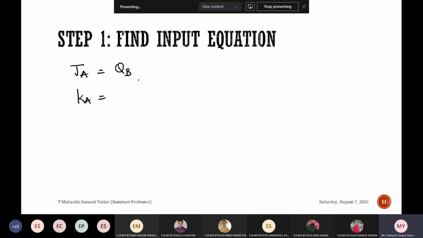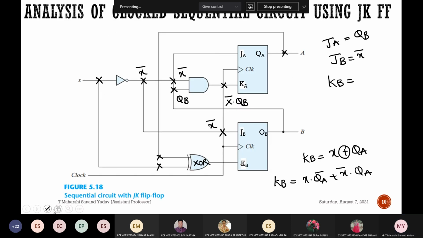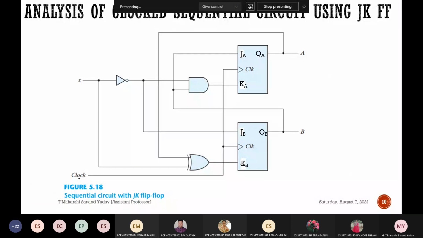Done. So JA is QA, JB is nothing but X bar, and KB is equal to X bar QA plus QA bar into X. Tell me the answer for KA. Focus on the inputs mainly.